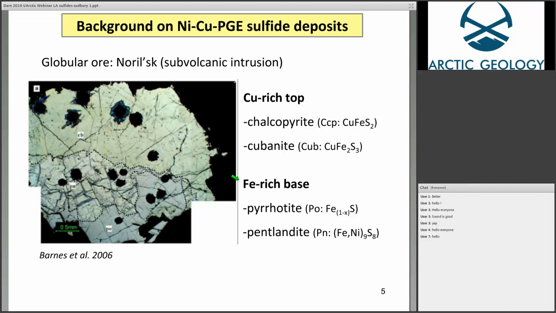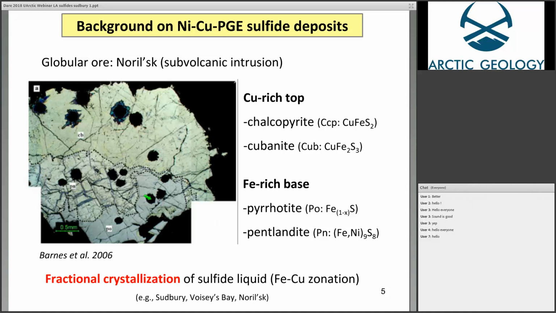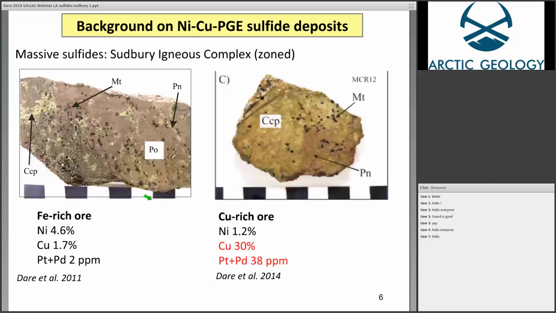Typically, it's chalcopyrite as well. They're the copper minerals. The iron base essentially comprises pyrite and pentlandite, which is the nickel iron sulfide. So here's your pyrite, here's the pentlandite, and these were the very first laser analyses of sulfides from this deposit. So this is showing again that fractional crystallization causes this zoning.